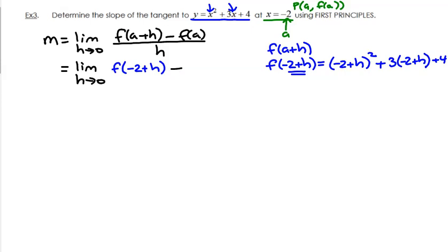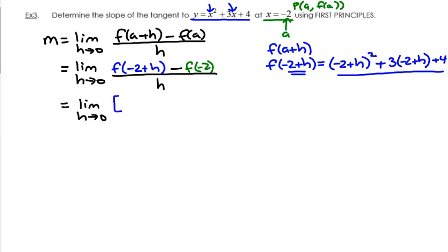We're going to subtract f at -2, and that's all going to be over h. Let's take a look at this and see what happens. It equals the limit as h approaches 0. I'm going to rewrite this entire thing right over here: 3 times -2 plus h, plus 4.